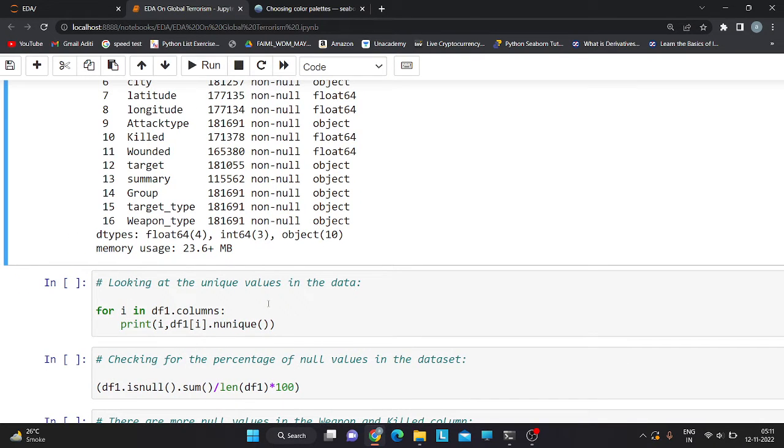Now let us look at the unique values in the data. Uniquely identifying the values in a particular column individually is more time consuming. So for that reason we have used a for loop. It will loop across all the columns and give us the unique values for every particular column.